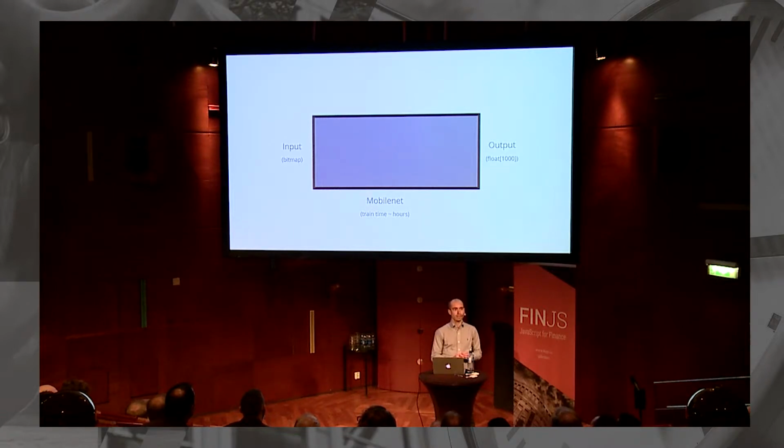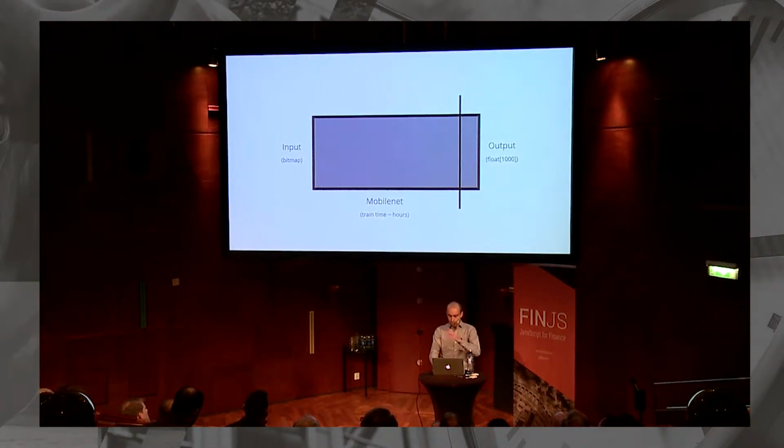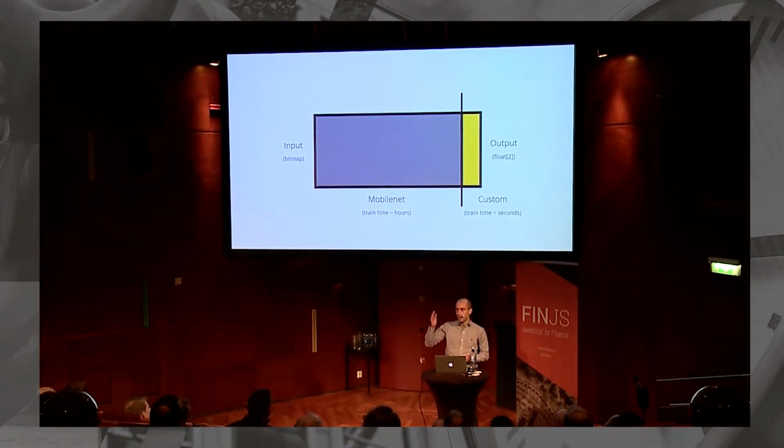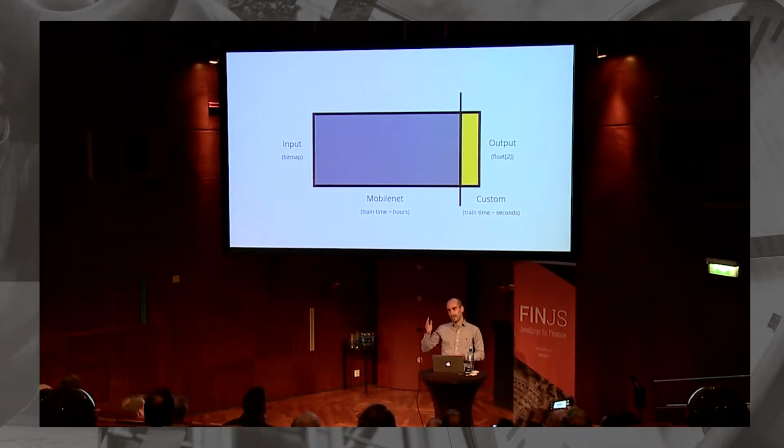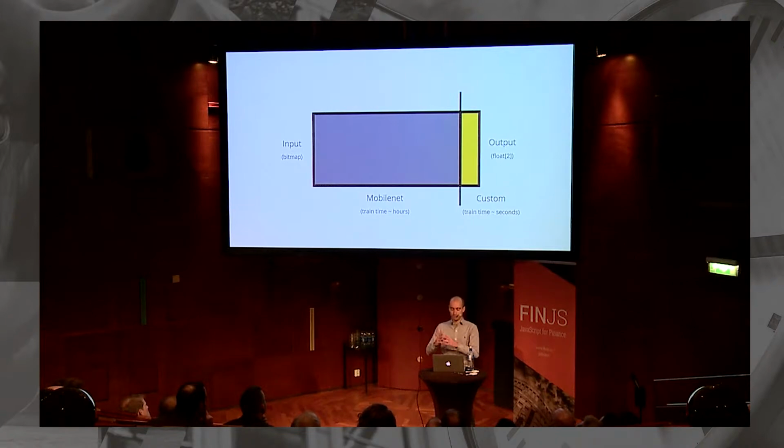Well, we can use a technique called transfer learning. Transfer learning allows us to take a pre-trained model, in this case MobileNet, and capitalize on all the training that's gone into it. So we take 95, 99% of MobileNet, we chop the end off, and then we replace the end with our own custom network. That custom network, because of the way the maths works out, we'll be able to train in seconds as opposed to hours, which is something a user will put up with, hopefully.